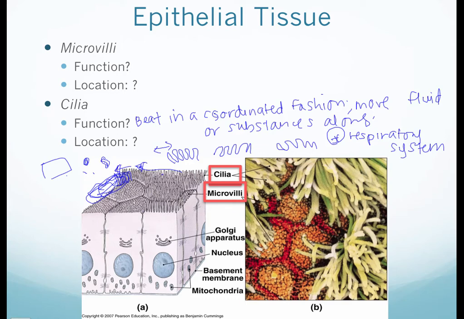Now, another area where you'll find cilia, besides the respiratory system, is in your fallopian tubes for women. So here are the ovaries. Here's a fallopian tube, the uterus, and then the vaginal canal.